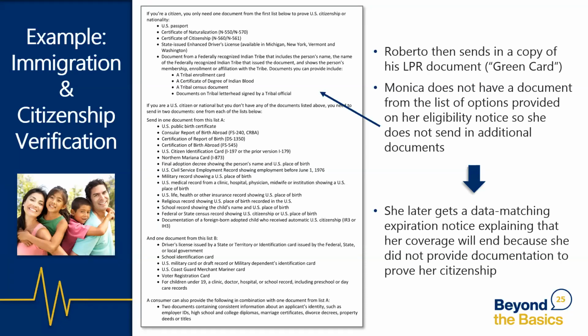Roberto, we clear the path for him with the green card, so he moves on, and that clears up the DMI, and Monica still has her DMI. She will later get a data matching expiration notice explaining that her coverage will end because she did not provide sufficient proof to verify her citizenship, which again, 2 documents would be needed. Next slide.